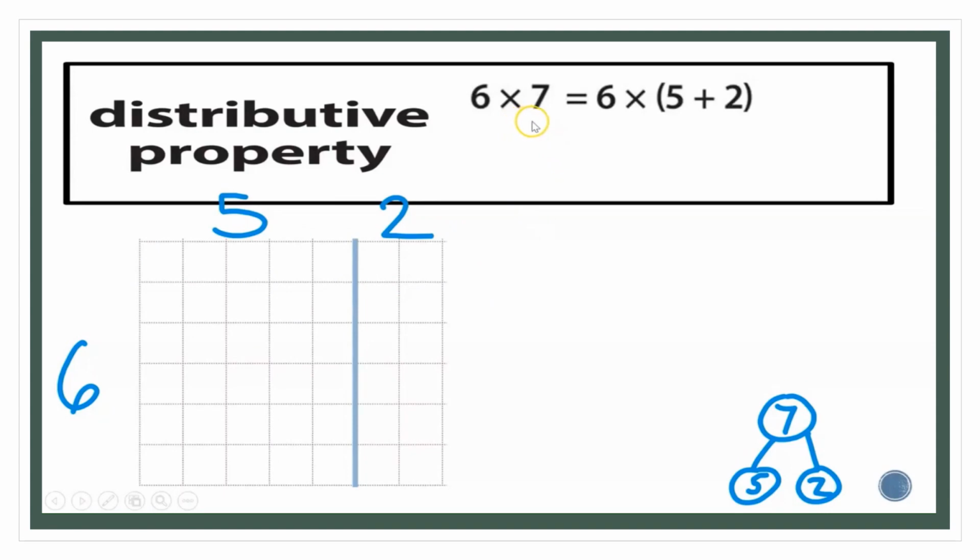So in terms of multiplying, it's going to be easier for me to start with multiplying 6 groups of 5, and then I can do 6 groups of 2.